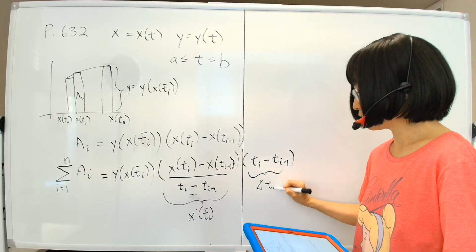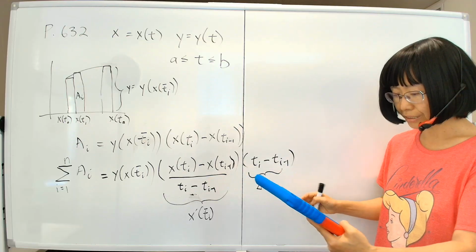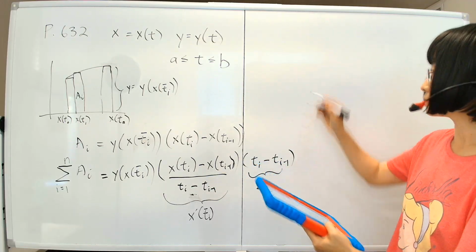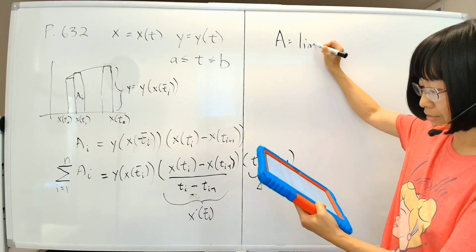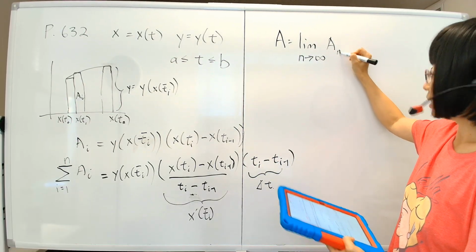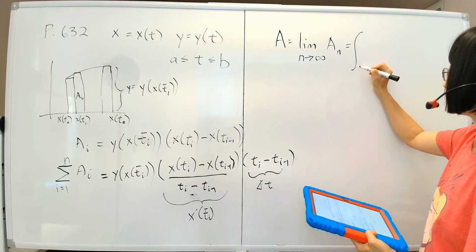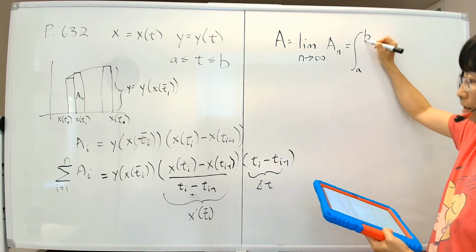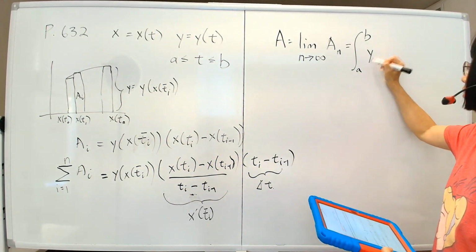Delta t. So now that you realize that, this equation approaches the area, which is the limit as n approaches infinity of A_n, and is the same as the integral, adding from t goes from a to b, of the first part, y of t.